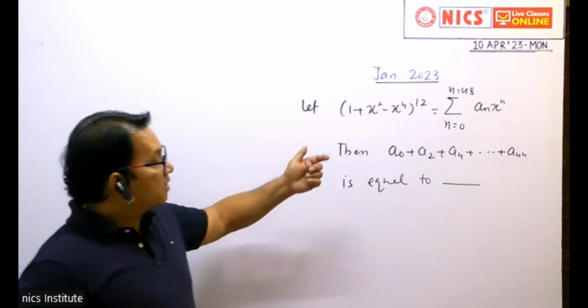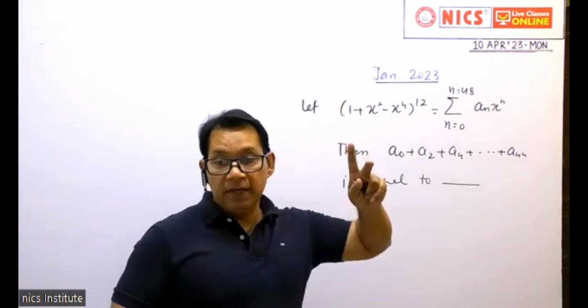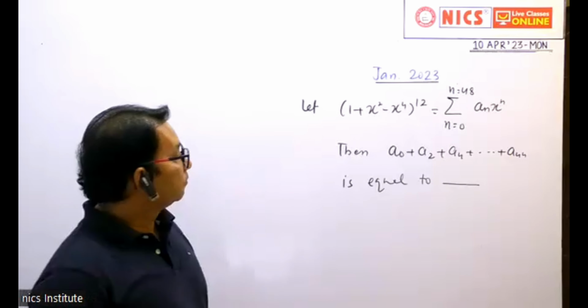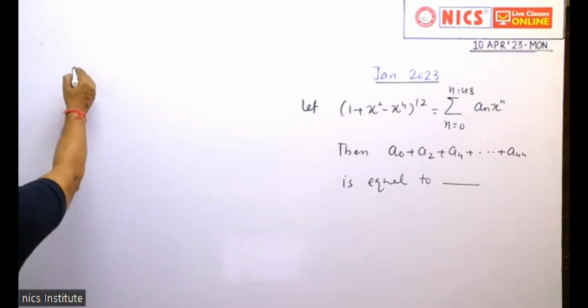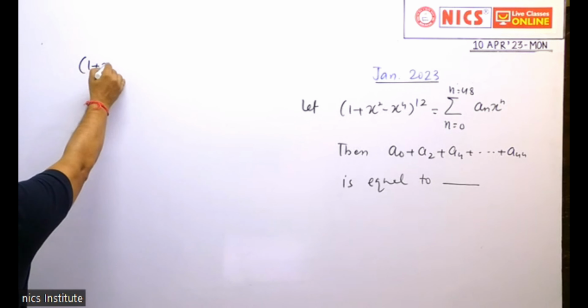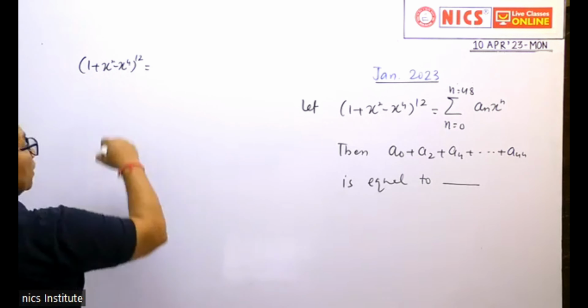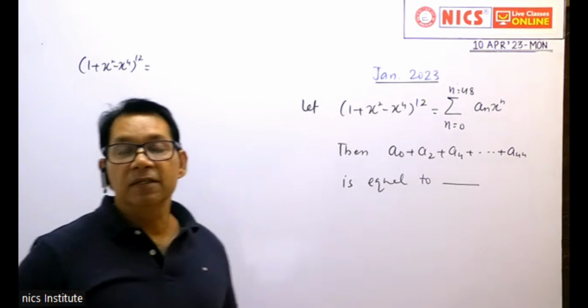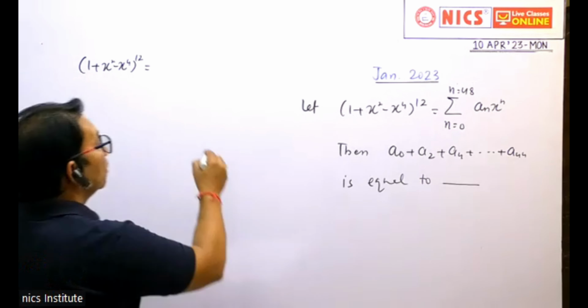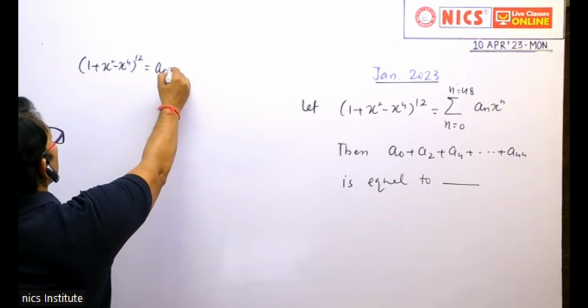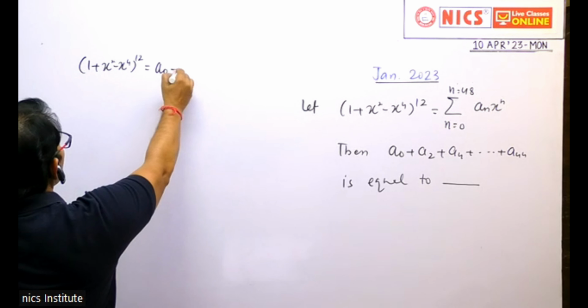Now here on the left hand side you have a trinomial because there are three terms, which is (1 + x² − x⁴)¹². On the right hand side is a summation. When you substitute n = 0, you get the first term a₀x⁰ which is a₀.